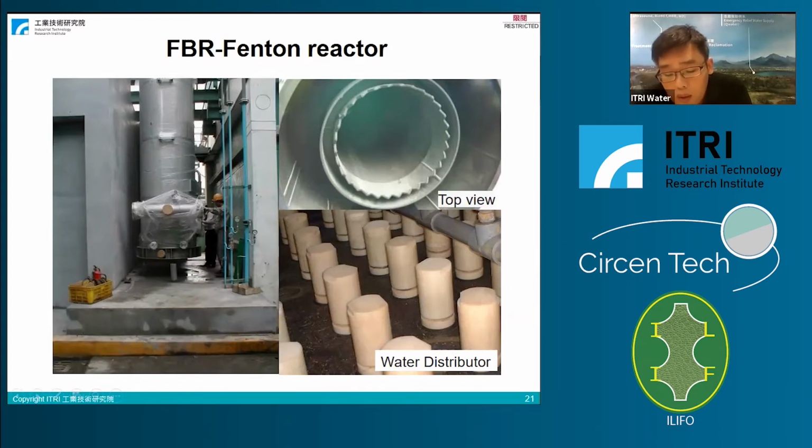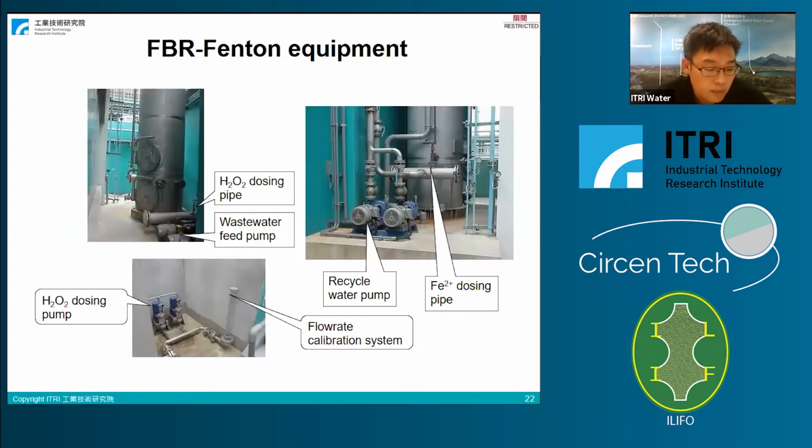These are water distributors for fluid stabilization. Here are other photos of equipment, including dosing pipe, feed pump, dosing pump, recycle water pump.